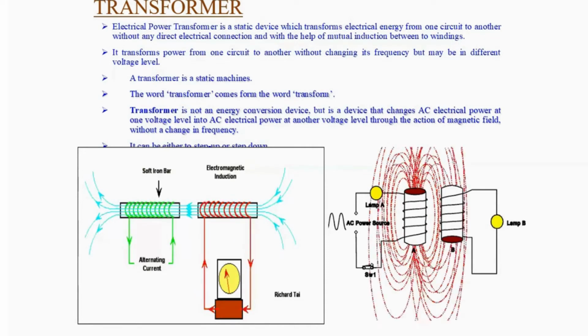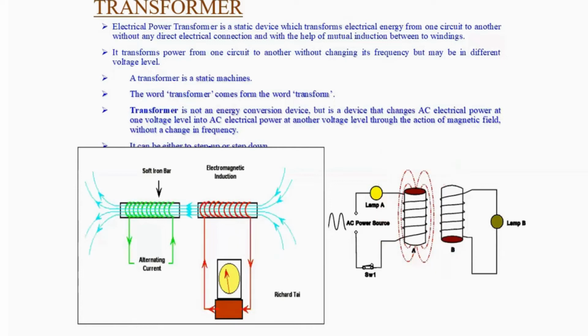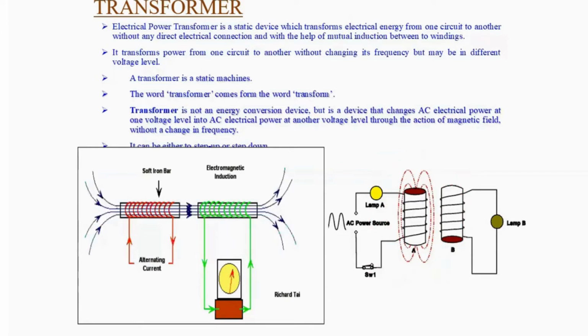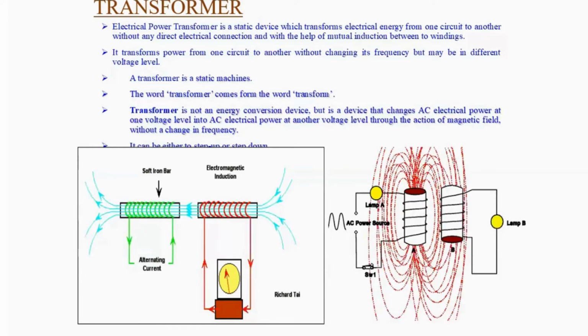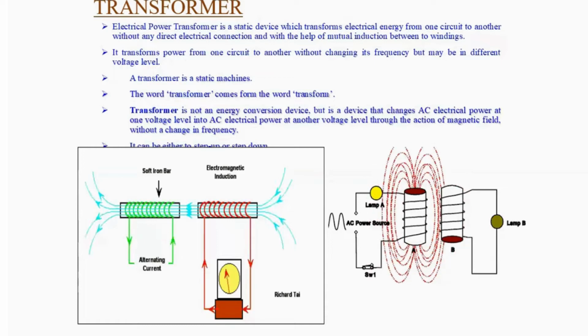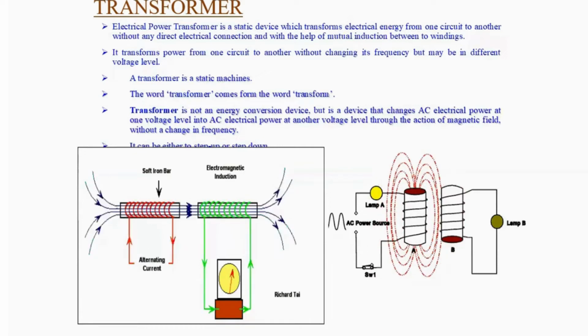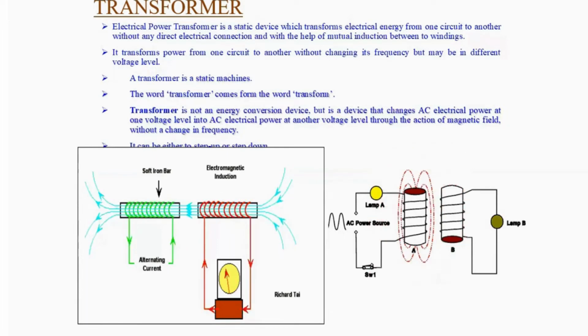And a very important point: transformer is a static device which works only on AC. That means when you give AC on the primary side, on the secondary side you will get AC only, no DC. Please remember, AC on primary, AC on secondary. So it is very important to know that it will work only on AC.